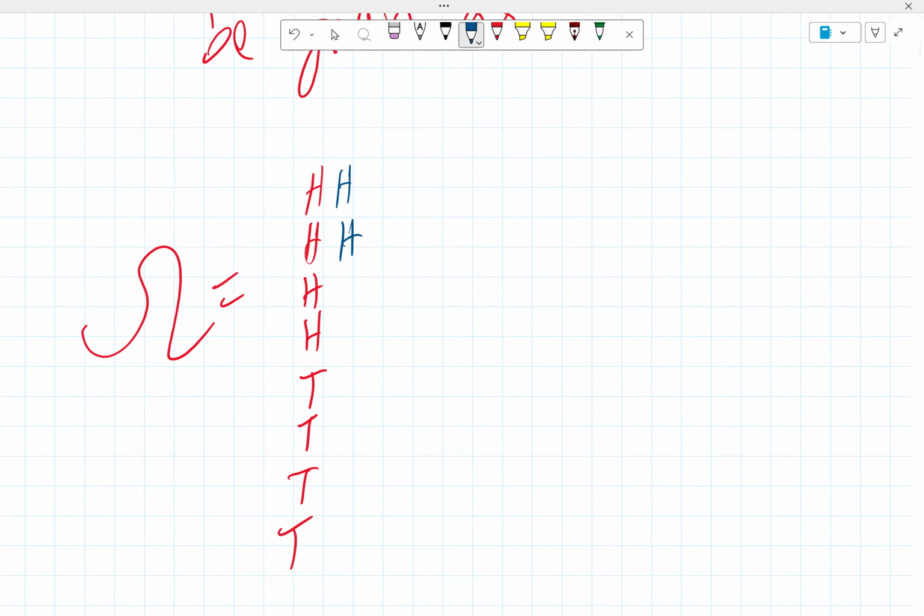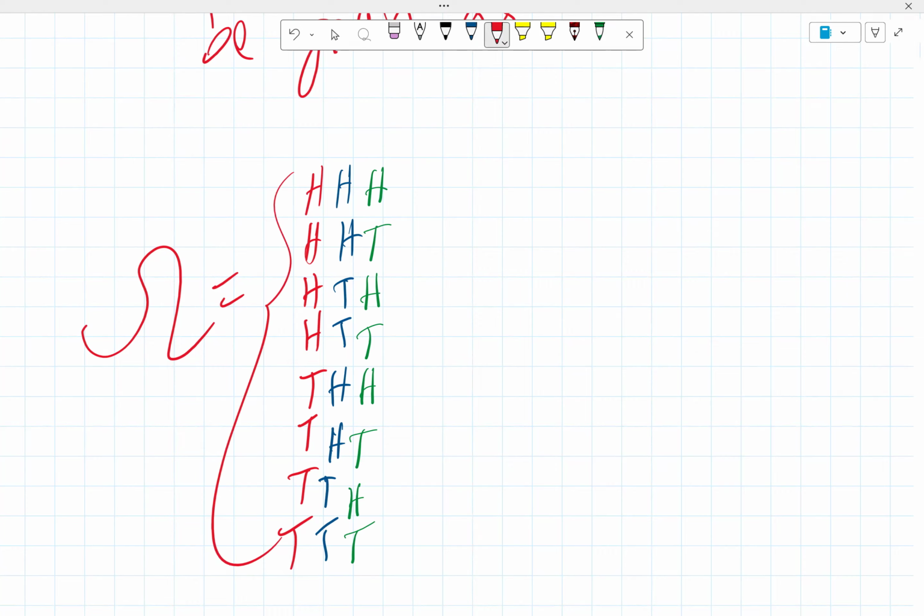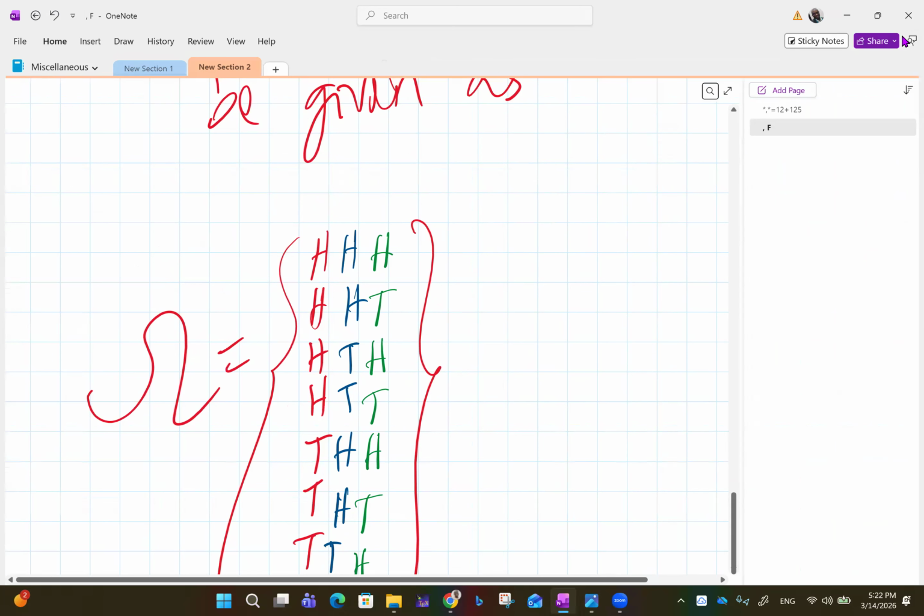Head, head, tail, tail, head, head, tail, tail. Then finally, you write head, tail, head, tail, head, tail, head, tail. So these are the possible outcomes. This is the whole sample space.